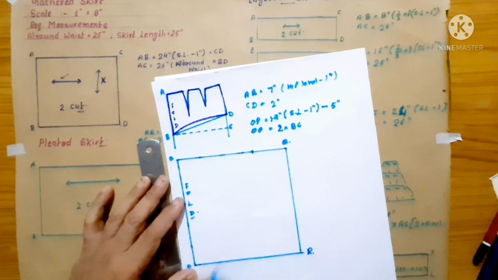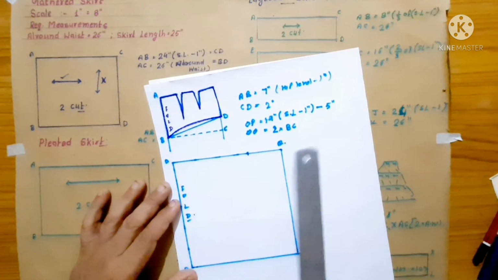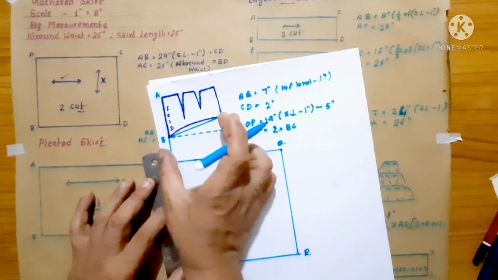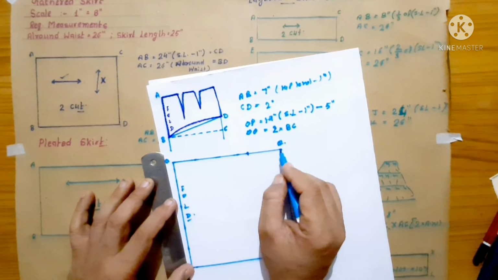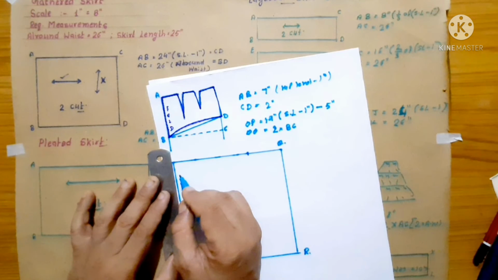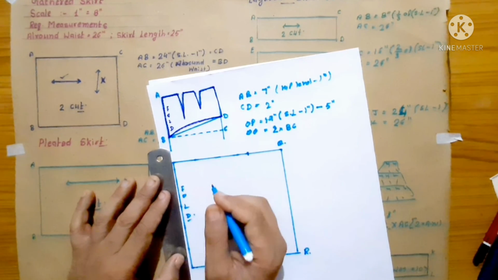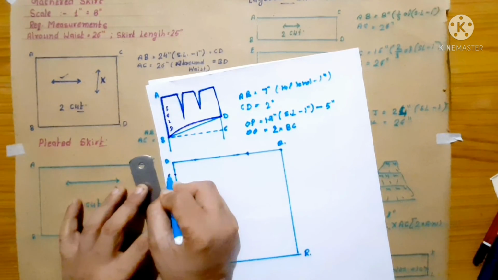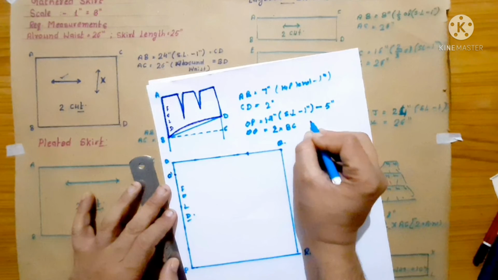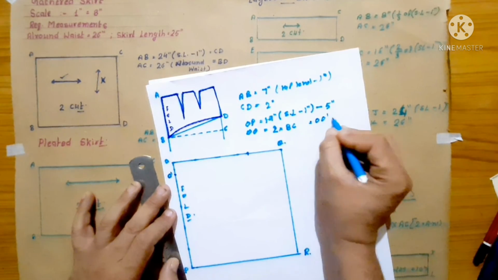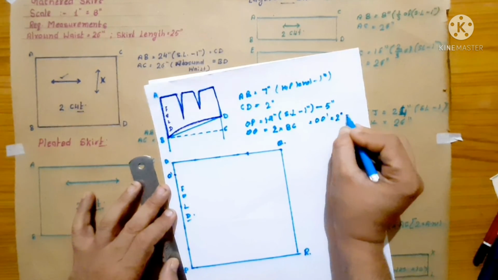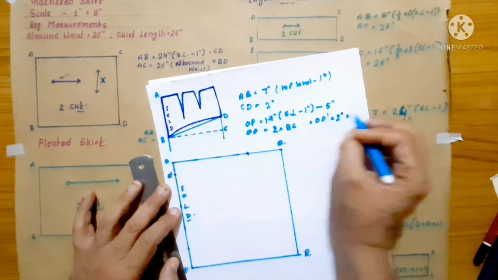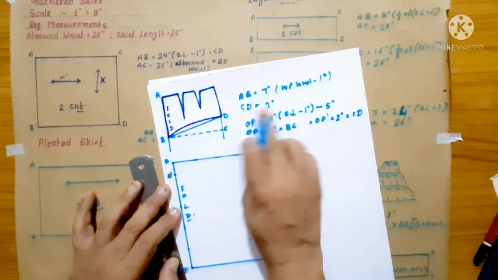Right? Now what we'll do, we have to give this shape so that it can fit to this. So what I'll do, I'll take 2 inches, O to O dash is equal to 2 inches, is equal to the CD.